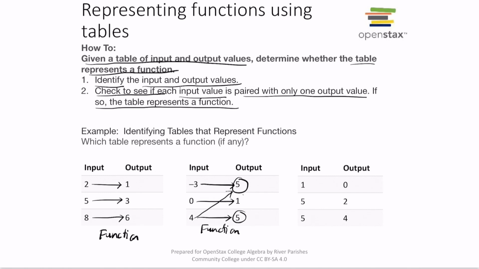Next, in the next one we have 1 goes to 0, 5 goes to 2, and there is another 5. So let me rub it out. 5 also goes to 4. Notice that this value gives two outputs. So this is not a function.